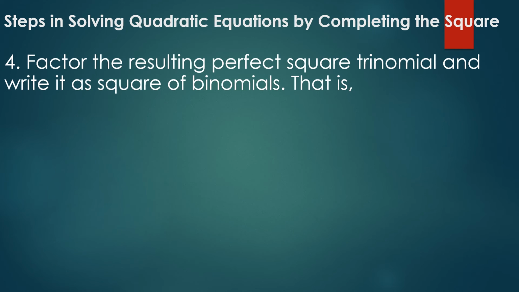Step 4, factor the resulting perfect square trinomial and write it as a square of a binomial. That is, in the form x plus b over 2 quantity square. So, yun nga. After nating makuha, yung i-add natin both sides of the equation, yung perfect square trinomial, kailangan nating isulat into square of a binomial.